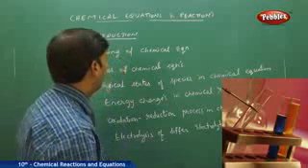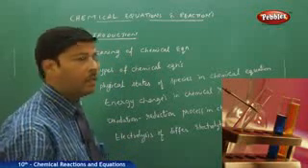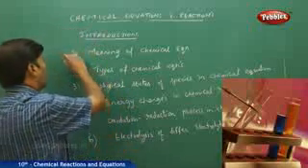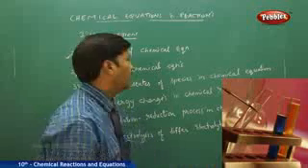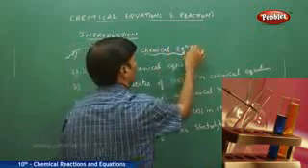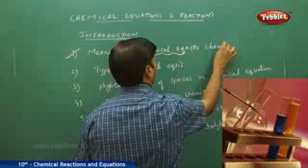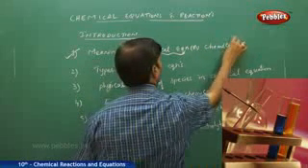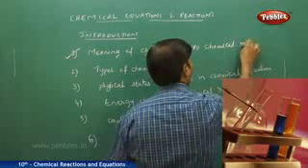So, to study all these topics one after the other, let us first begin our discussion with the meaning of a chemical equation. A chemical equation can also be called a chemical reaction.